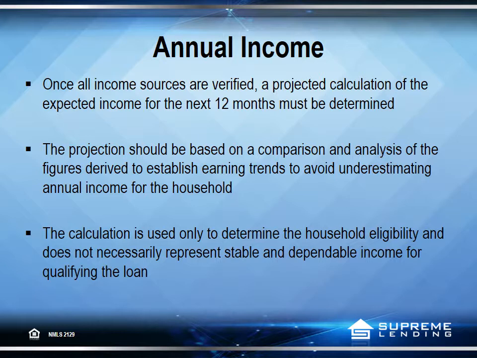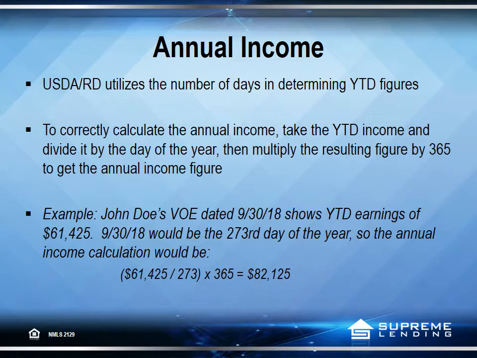This calculation is used only to determine the household eligibility and does not necessarily represent stable and dependable income for qualifying the loan. USDA Rural Development utilizes the number of days in determining year-to-date figures. To correctly calculate the annual income, take the year-to-date income and divide it by the day of the year. Then multiply the resulting figure by 365 to get the annual income.